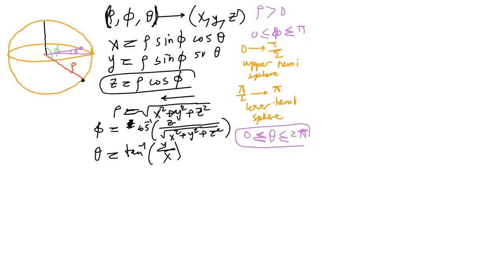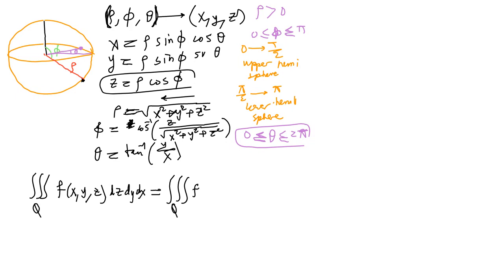If you want to integrate using spherical coordinates, the integral over Q of f of x, y, z dz dy dx is the integral over Q of f of rho, phi, theta.